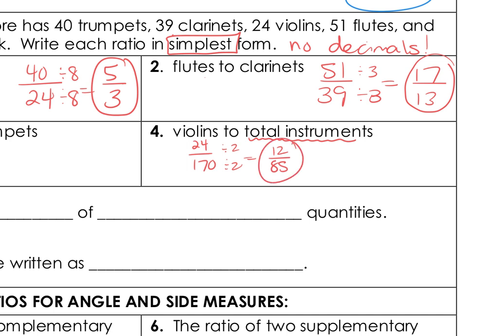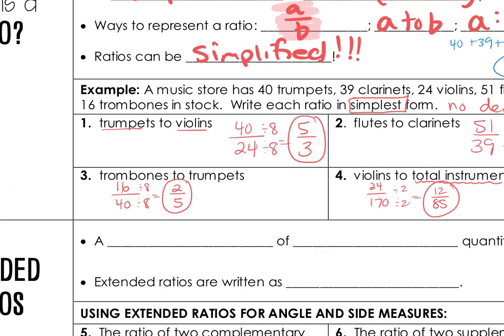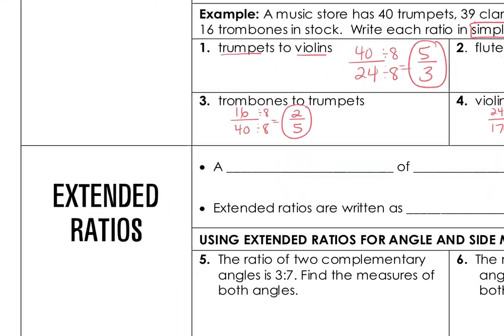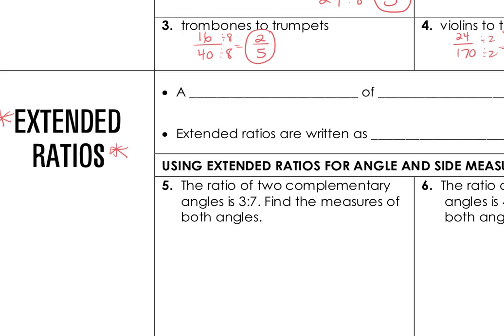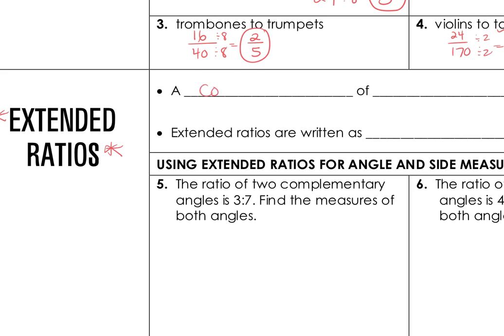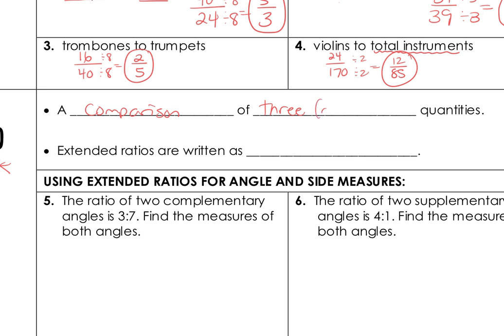Okay. Now, in addition to regular ratios like this, where we're just comparing two things, we can take a look at an extended ratio. So an extended ratio is going to be a comparison of 3 or more quantities.